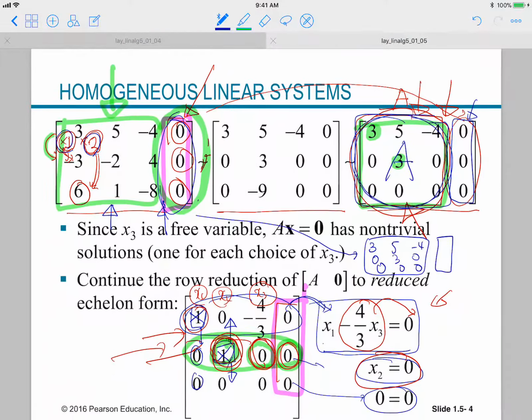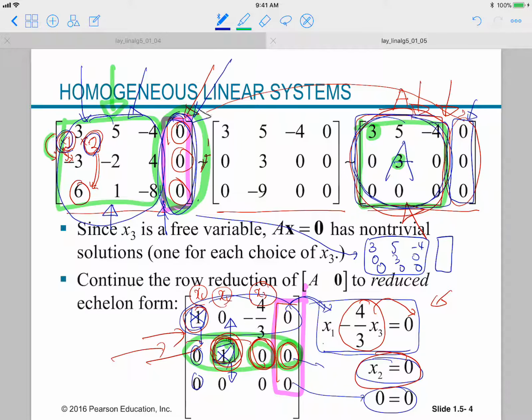And now let's think about a new linear system where we have the exact same coefficients but a different b part, which is no longer 0, right? This was a homogeneous linear system that has all zeros on the right hand side, but we don't change anything on the left hand side.